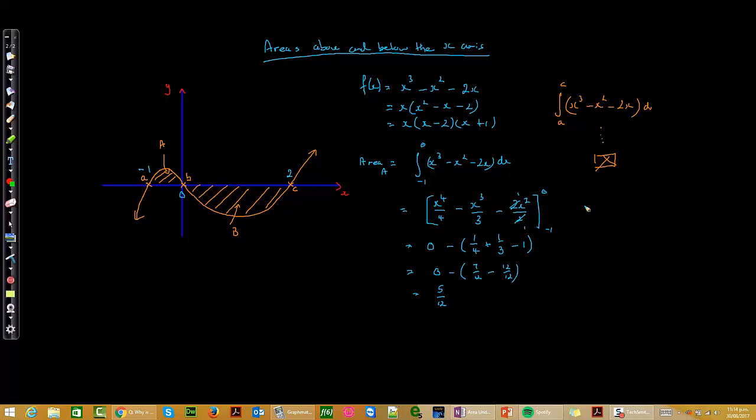Okay, then we need to find this area B. Okay, this one here. So I'm going to fit that hopefully over here. So we're going to integrate between 2 and 0, same function.